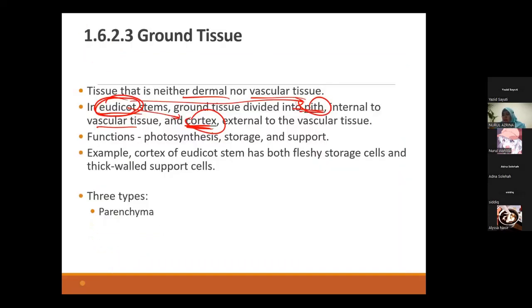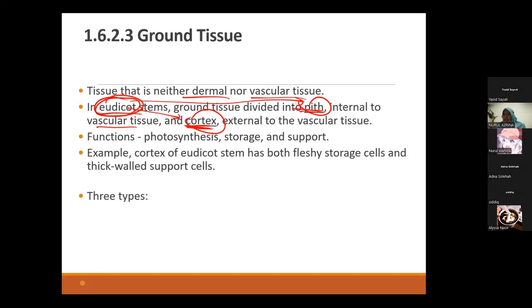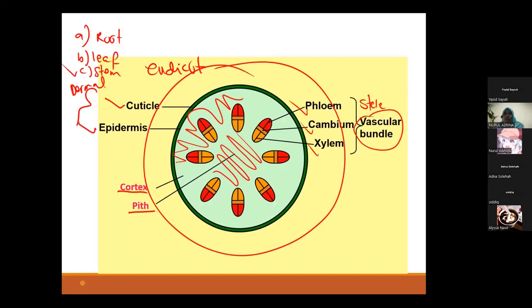Okay, what about roots in eudicote? Do eudicote roots have pith? Ada ke tak ada?